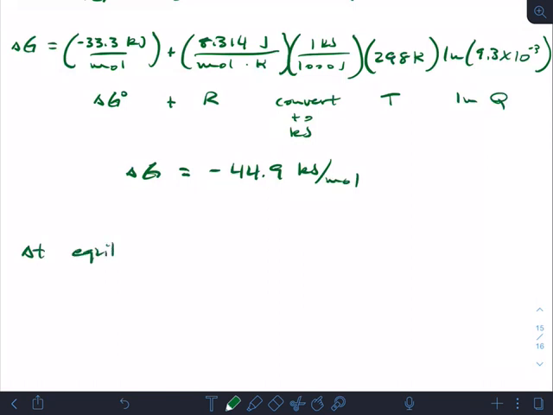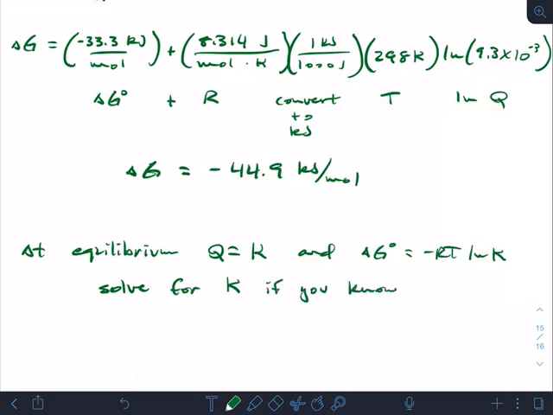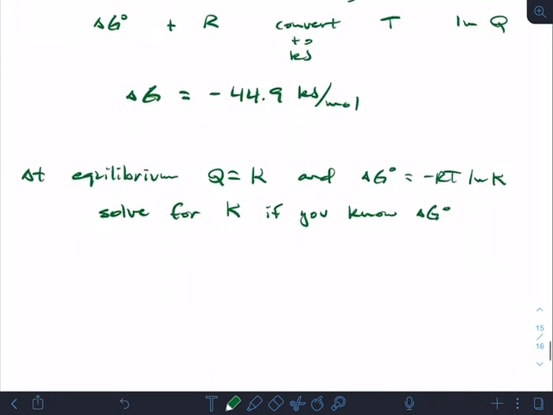So let's figure out the value for delta G standard at equilibrium. Q equals K, and delta G standard equals negative RT natural log of K. All right, so let's solve for K. Let's find out what the equilibrium constant is, knowing the value for the standard delta G, which we do.